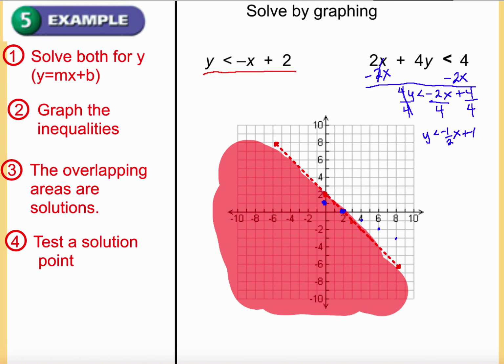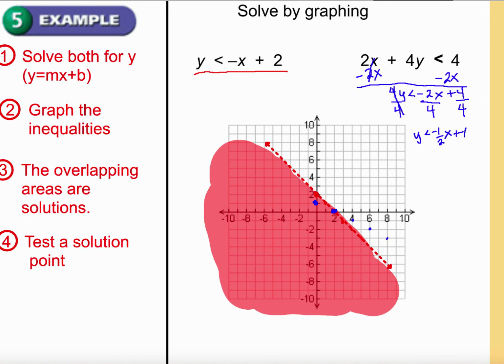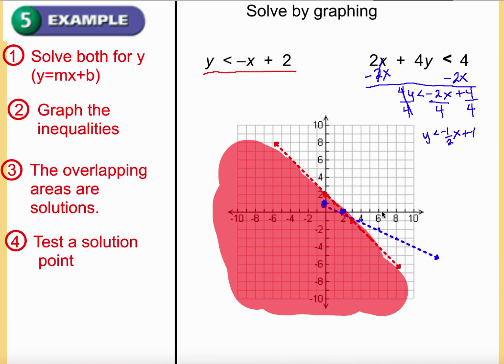And then go ahead and graph a dashed line, because this one also is an inequality, doesn't have an equal sign underneath it. And we will extend it out. Oh, come on, graph. Sometimes it's a little tricky. Okay, so that's pretty good.